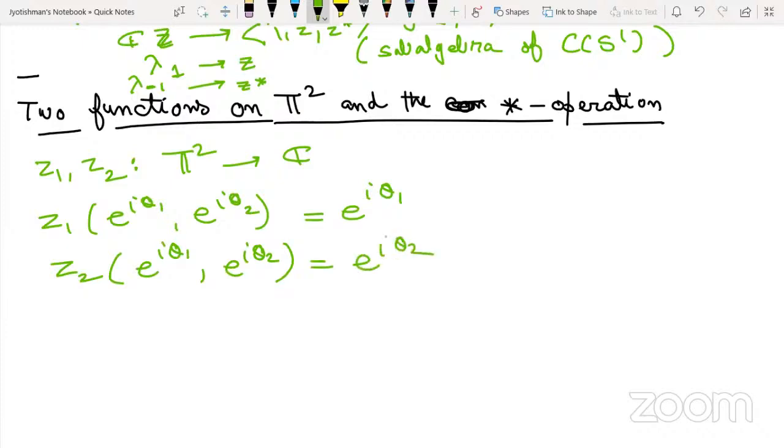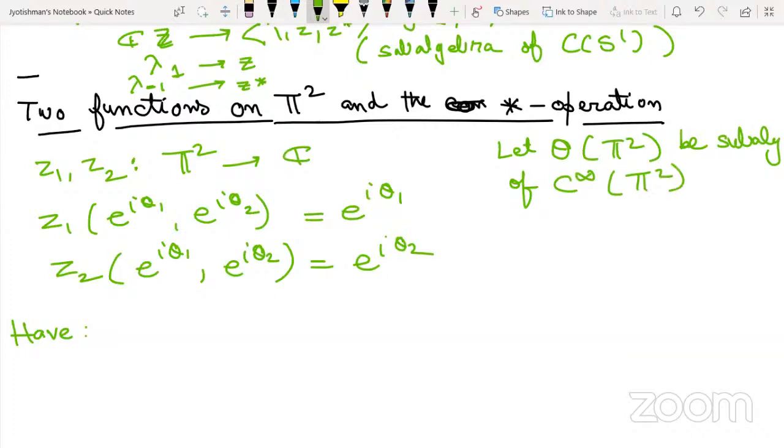Now let OT2 be the subalgebra of C infinity functions on the torus generated by 1, Z1, Z1 star, Z2, Z2 star. So any element in OT2 will be a polynomial in 1, Z1, Z1 star, Z2, and Z2 star.